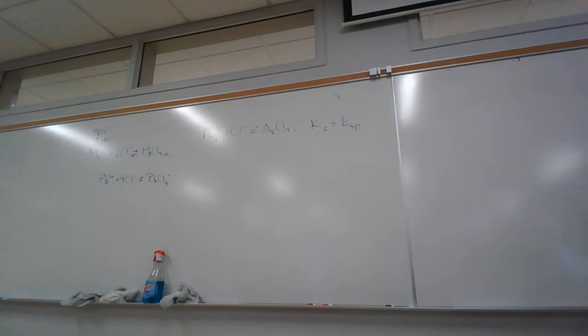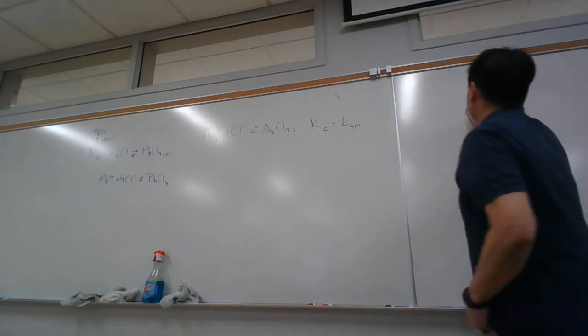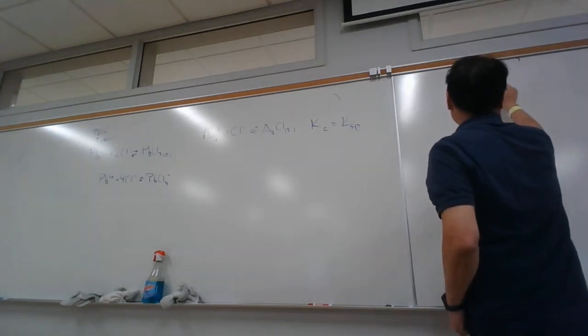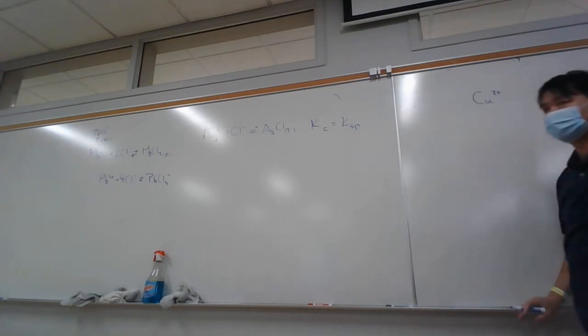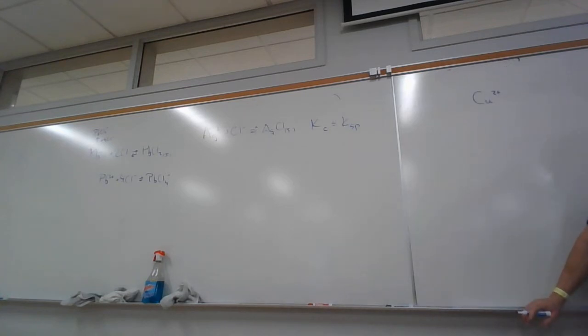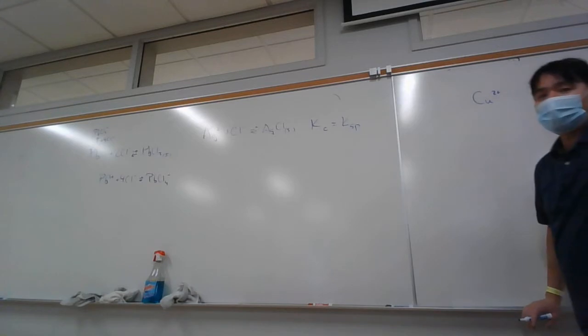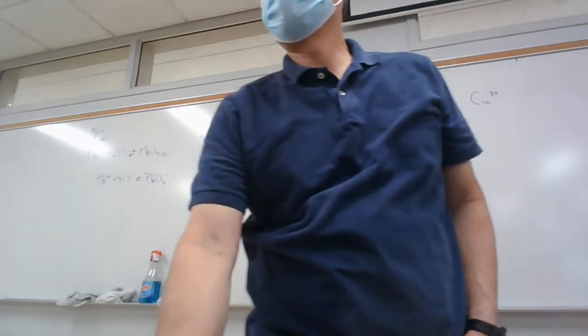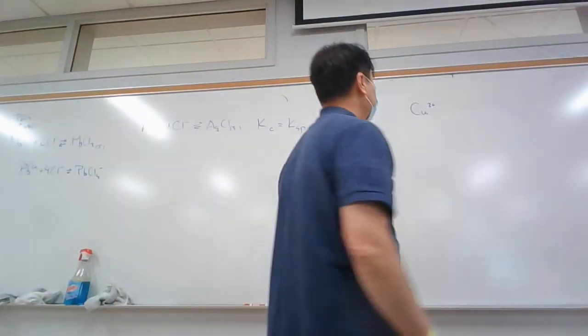Okay, there was another reaction that was kind of weird, and it was this reaction, the copper 2 plus. Here, if you add a little bit of ammonia, do you know what happens? If you add a little bit of ammonia to copper 2, what happens is this.